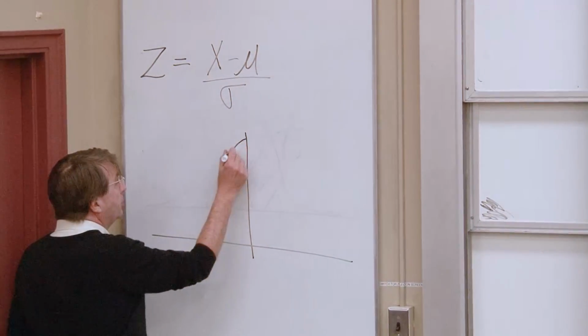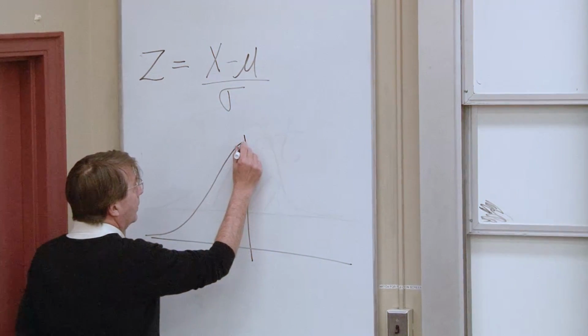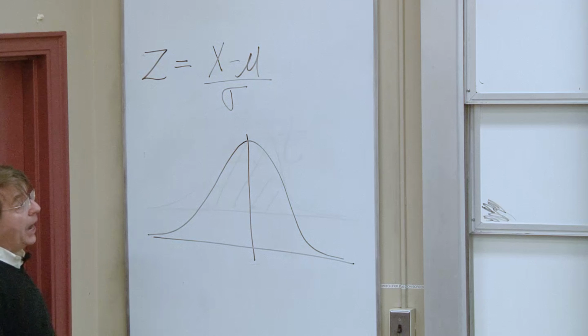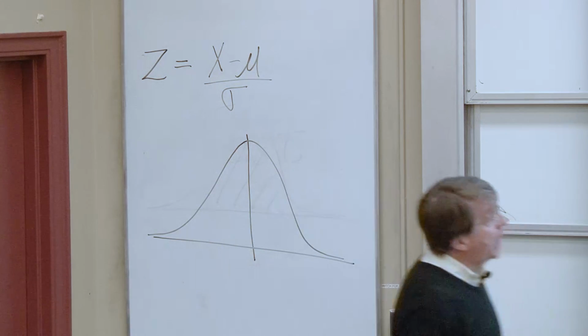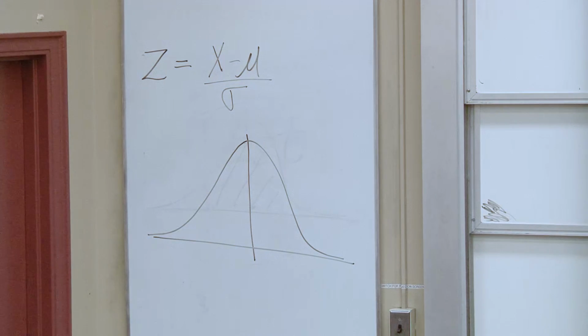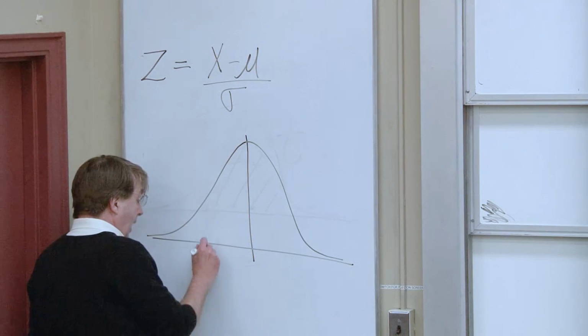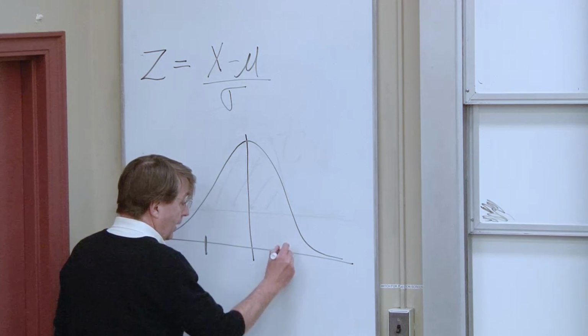a Gaussian distribution. Okay? Now, I want to know the probability that I am mu plus 2.75 sigma or mu minus 2.75 sigma. So I want to know the probability I'm between here and here.